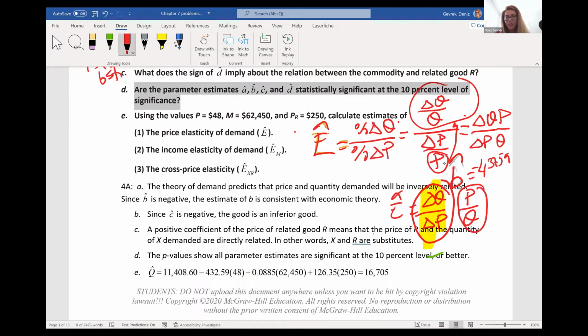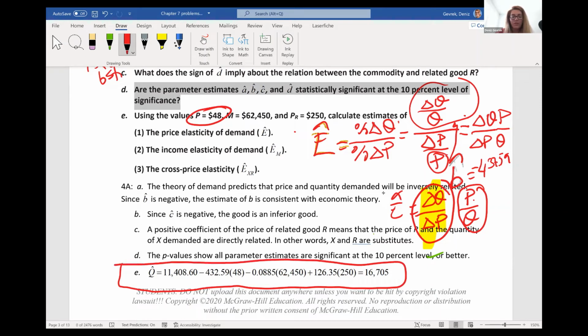I need to then plug in price and quantity. Price is given, 48. To find quantity, you're going to plug in everything. So you have to find quantity all the time. So this is A hat, B hat, C hat, D hat, just plug in everything.